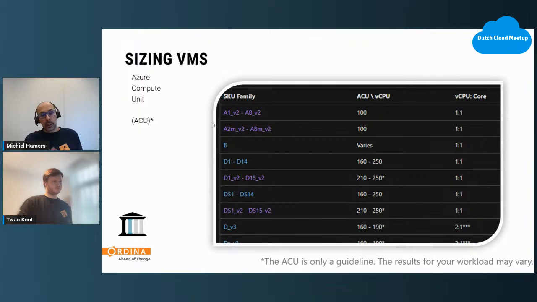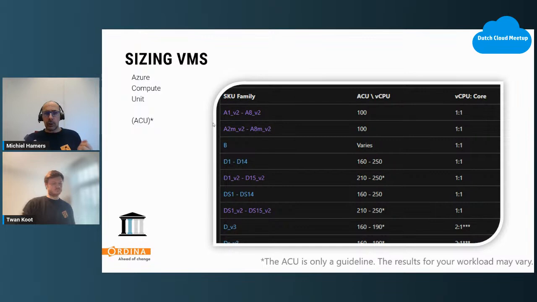So if you have a virtual machine in the North Europe region with an ACU of 100, and physically it's an HP server, for example, and in the other data center it's a Fujitsu Siemens server or a Dell, and it's also stated as ACU 100, then from Microsoft's perspective it's the same. The results of the workload may still vary a bit, but you can really compare that with almost the same performance.